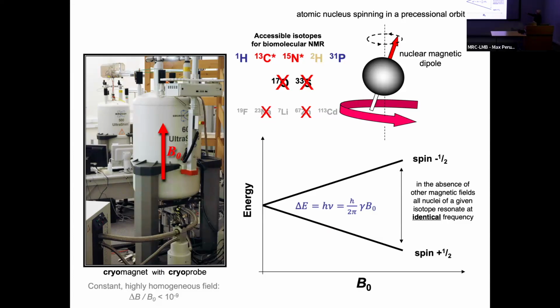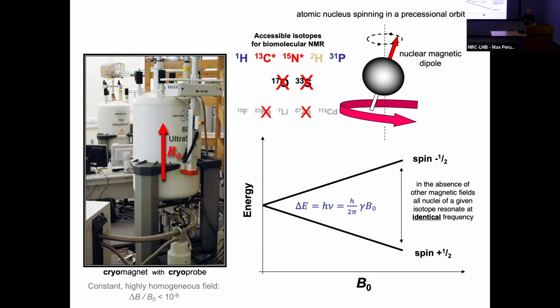And it's the polarization, the difference in energy level populations, that gives us our NMR signal. The number of spins that we have in the lower state in excess over the upper state in our spectrometers is about 40 nuclei in a million, right?